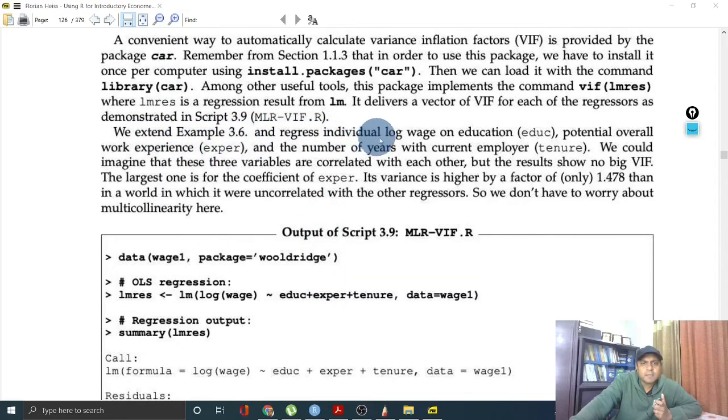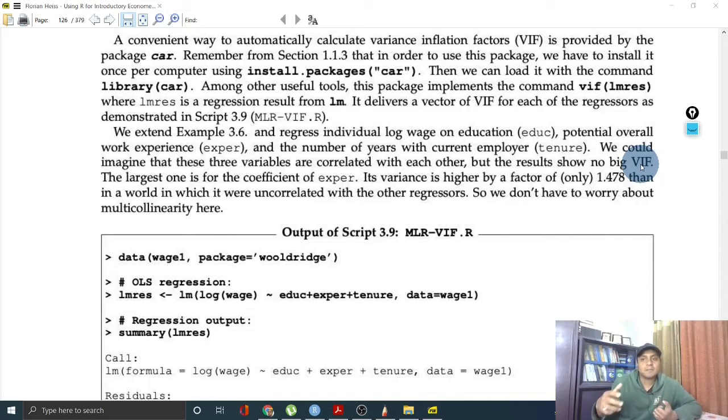We extend the example regression using log wage on education, potential overall experience, and the number of years with the current employer. We could imagine that these three variables are correlated with each other, which is the multicollinearity, but the results show no big VIF. If the VIF is big enough, then we should say yes, there is a correlation.